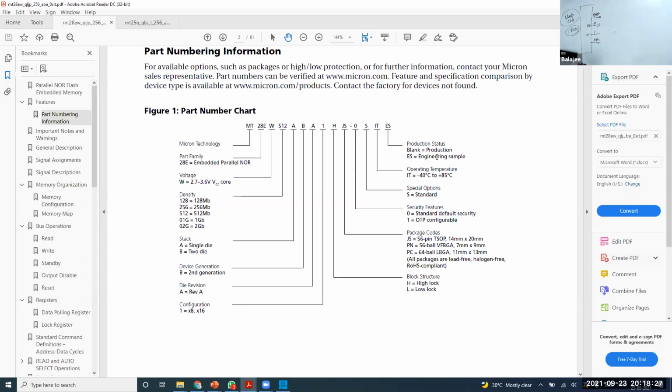Let us say Samsung is making 1,000 phones. For all the 1,000 phones, it cannot program, so it gives the data to the company, and the company makes the program and gives it to you. That is called an engineering sample. And then there is the production one, meaning this quantity is a production quantity.